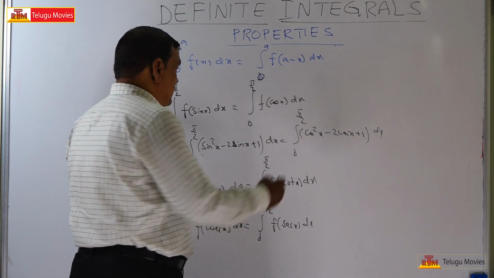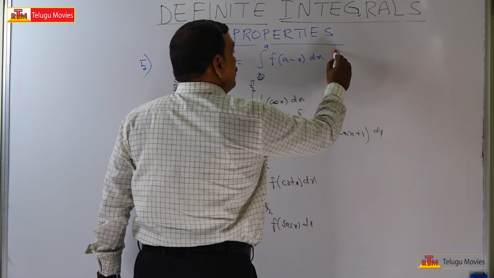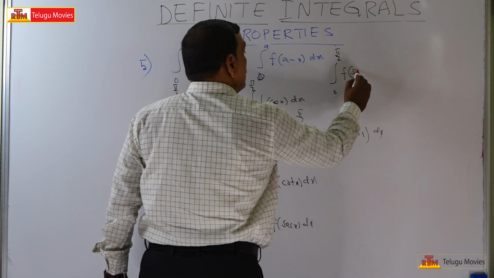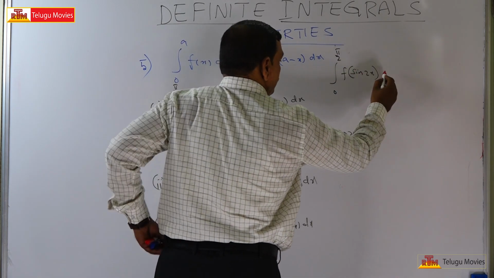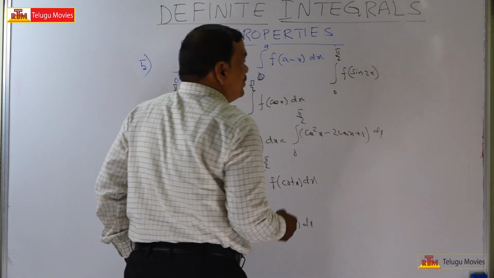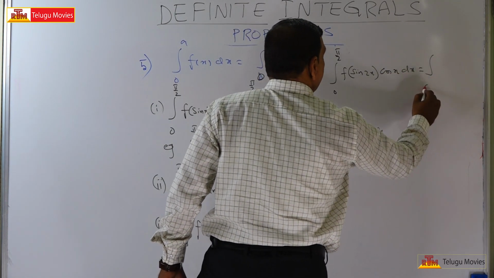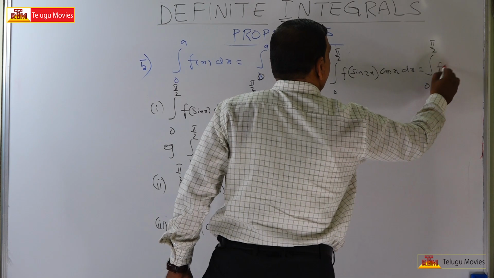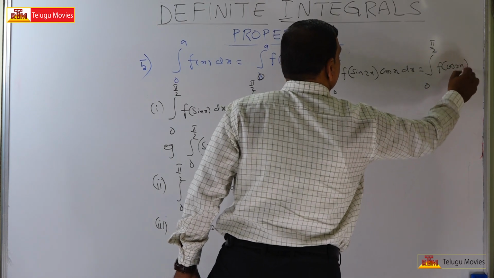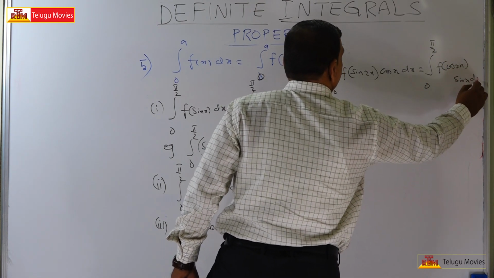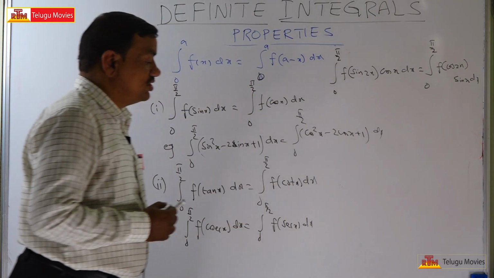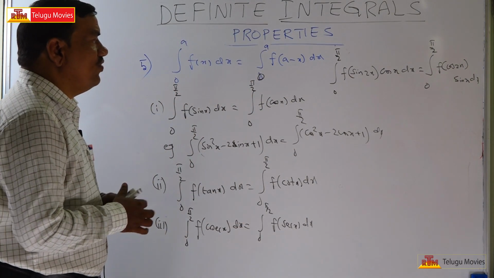And one more thing is integral 0 to pi by 2 of f of sin 2x cos x dx, which is the same as integral 0 to pi by 2 of f of cos 2x sin x dx. Understand this? Okay. So this is also a very useful formula.